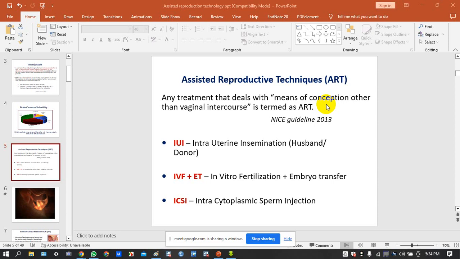So you need to fertilize the egg, or do in vitro fertilization, outside the uterus, then go and implant it inside the uterus. If you are going to go by this, we have 3 ways. We have more than 3, but these are the 3 important ones that your syllabus says I should teach you. We have the intrauterine insemination.